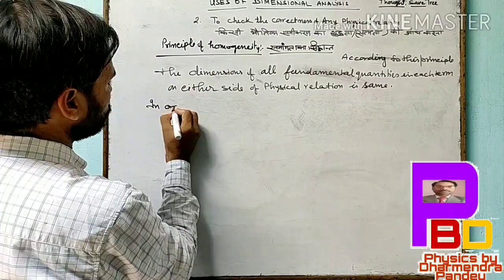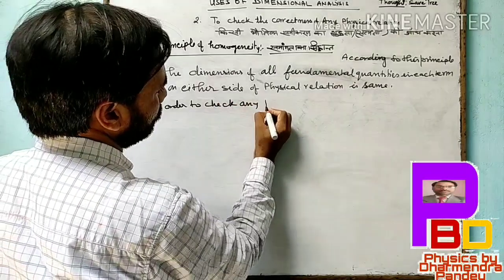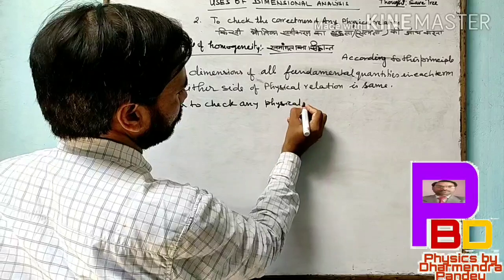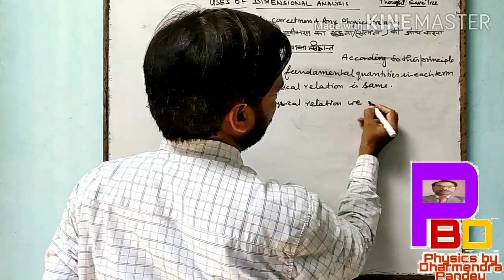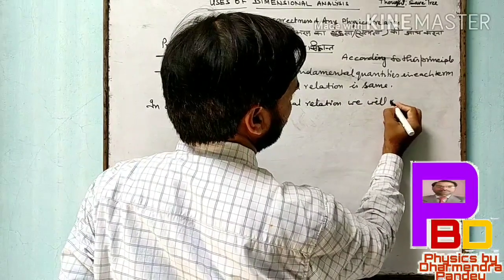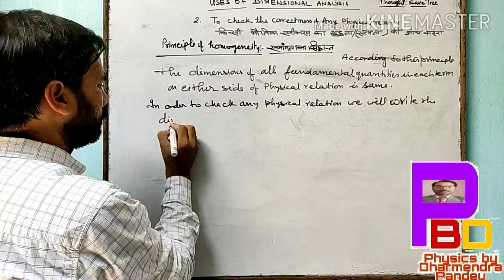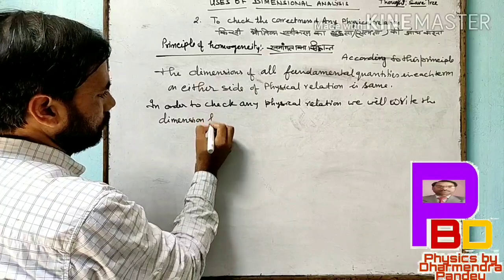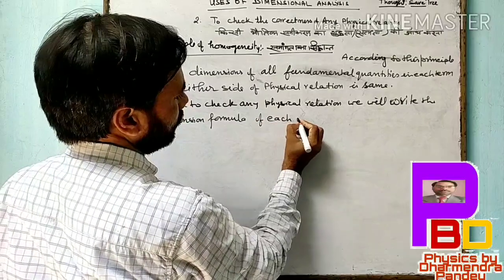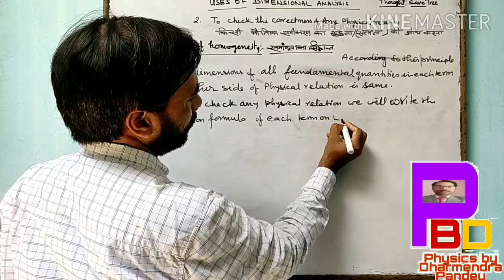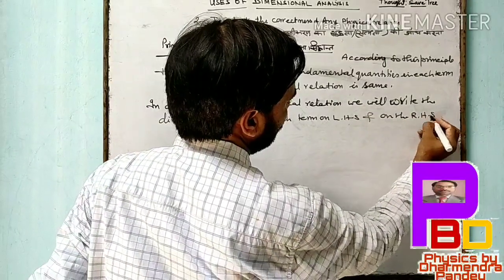In order to check any physical relation, we will write the dimensional formula of each term on the left hand side and on the right hand side.